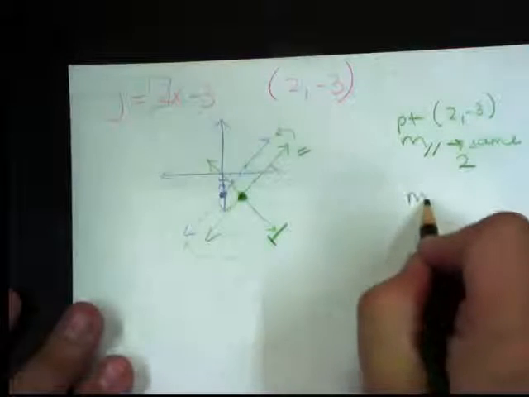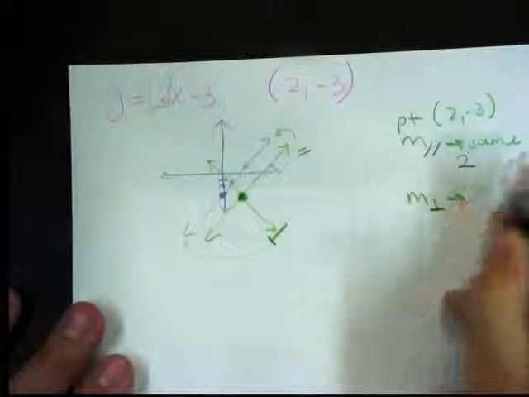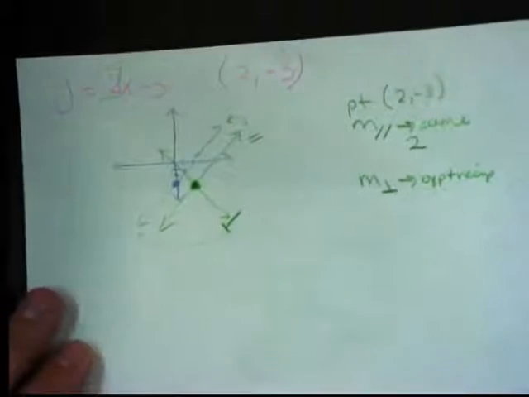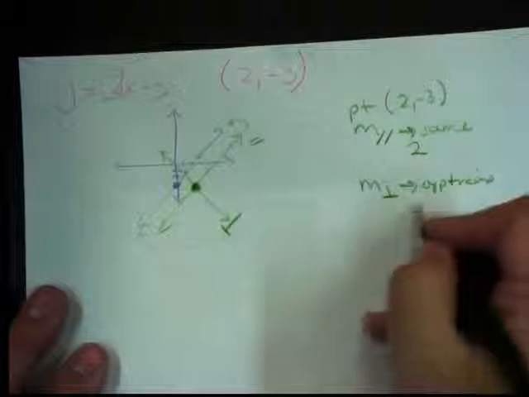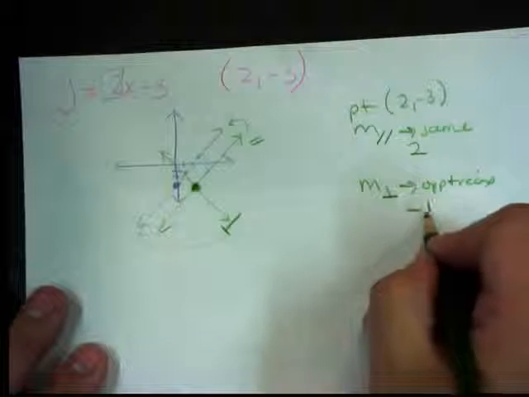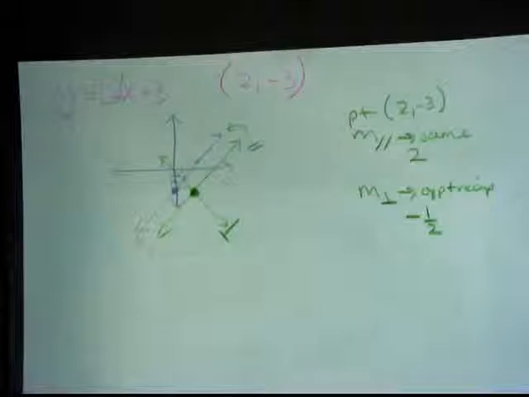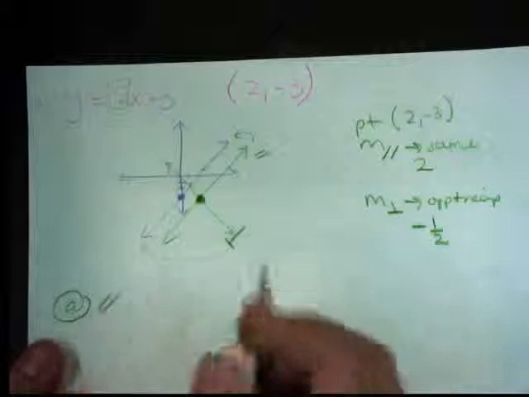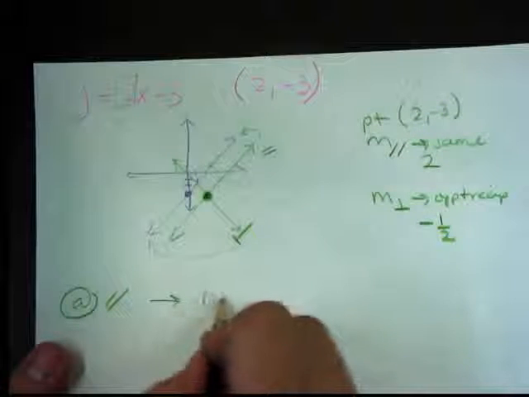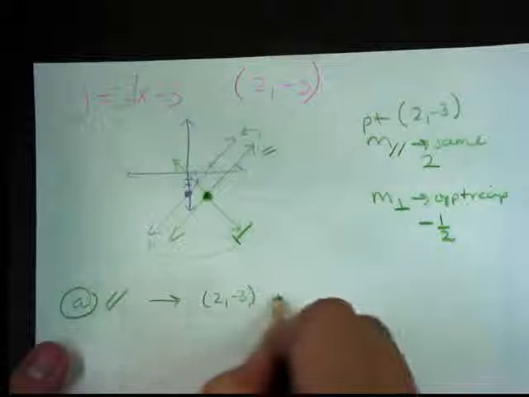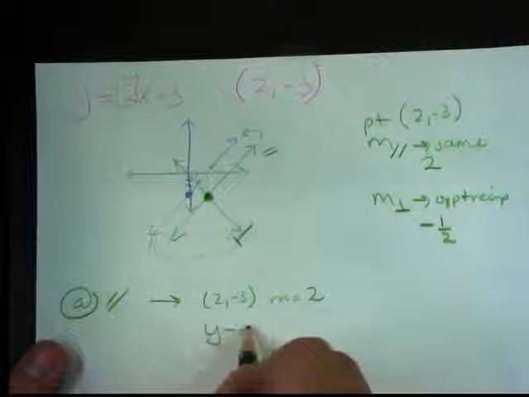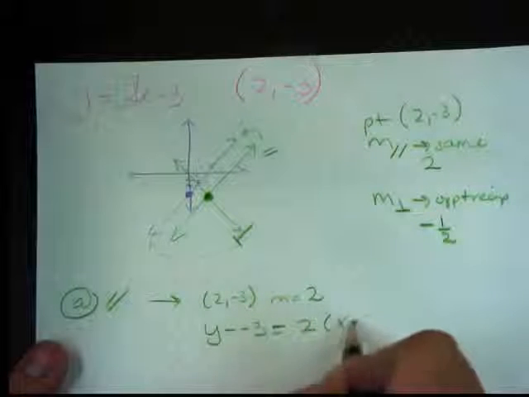The perpendicular slope is opposite and reciprocal. Well, that means opposite is negative and reciprocal of 2 is 1/2. So my two situations are parallel, which is a point of (2, -3) and a slope of 2. y minus y1 is m times x minus x1.